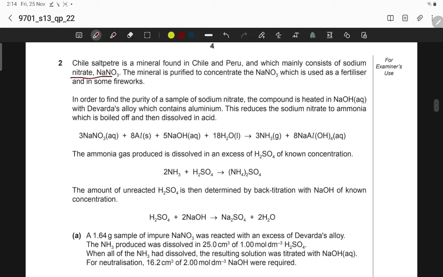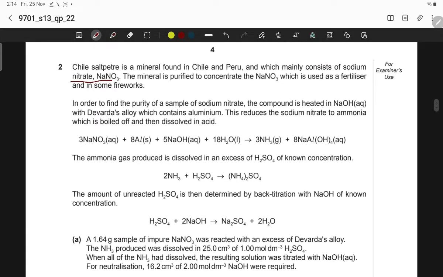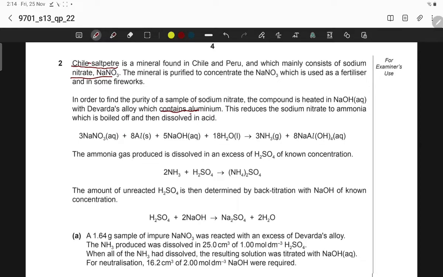So this is the sodium nitrate, actually Chile saltpeter, and Devarda's alloy contains aluminium. It reacts with sodium hydroxide to form ammonia and sodium aluminate.